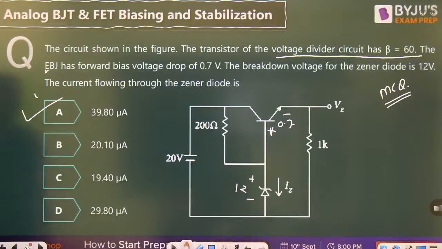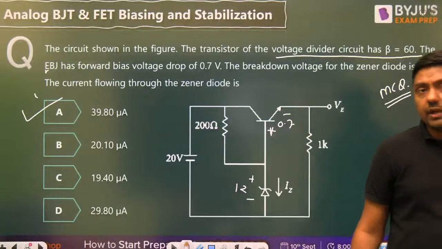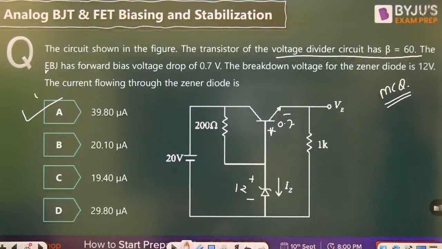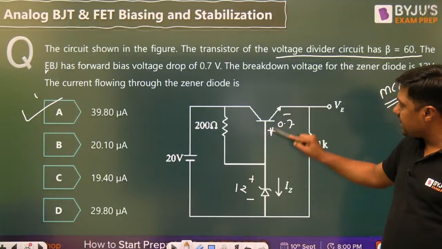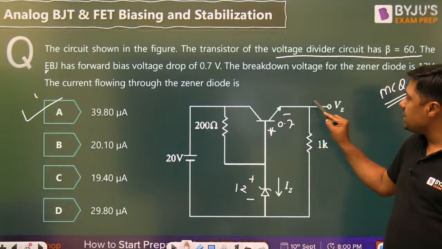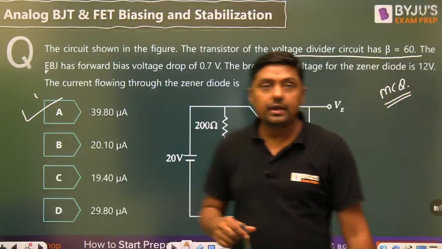A is the correct one, A is the correct answer for this question, 39.80. So it is a very, very simple one. First of all, IR is divided into IZ and IB. IE is equal to 1 plus beta times IB, and you can solve this question. A is the option.